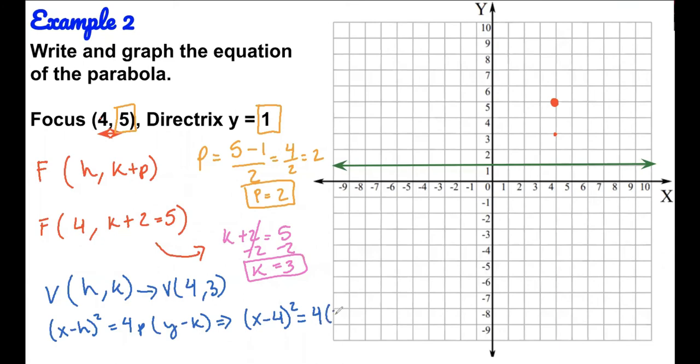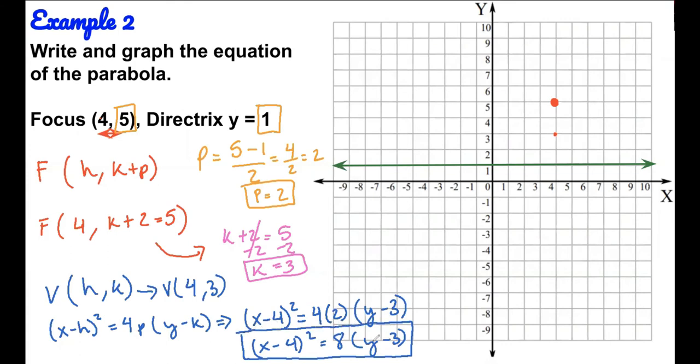In this case, it's 2. Y minus k is 3. Let's simplify one more step. 8 times y minus 3. And that's our equation. And that's a y.